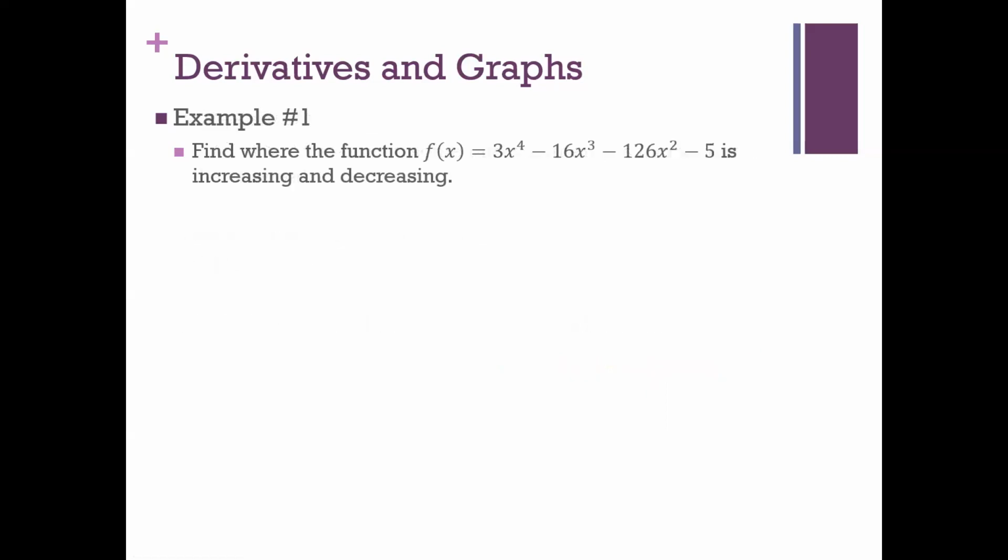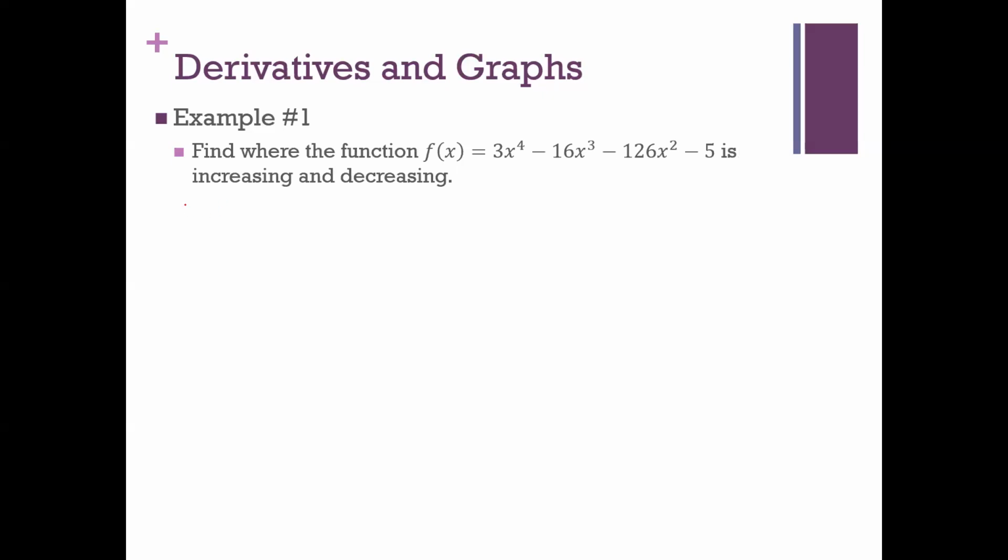So let's do one here. For this degree 4 polynomial, I want to find all the intervals where it's increasing and decreasing. If I want to find where it's increasing and decreasing, what do I need to get my hands on? The derivative.